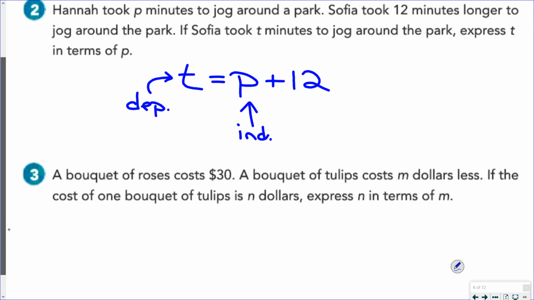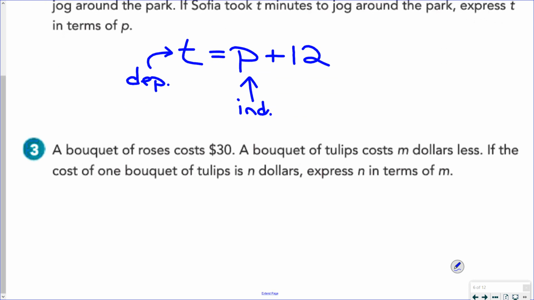We'll scroll up a little bit so we can do number 3 here. A bouquet of roses costs $30. A bouquet of tulips costs M dollars less. If the cost of one bouquet of tulips is N dollars, express N in terms of M. So since it says N in terms of M, we'll start it with N equals.